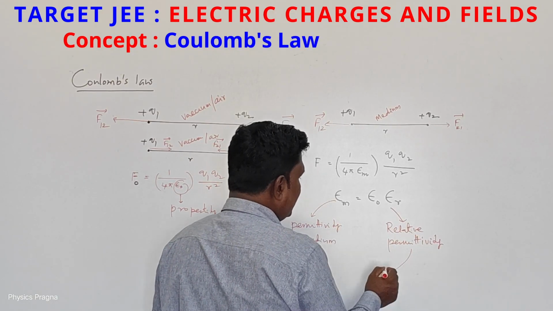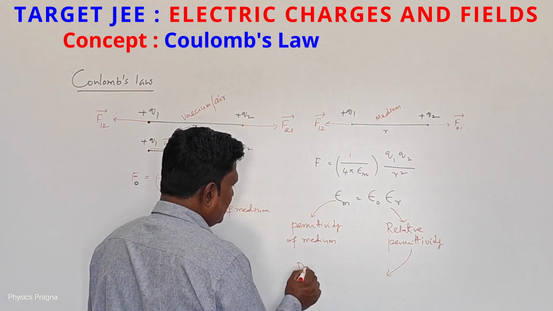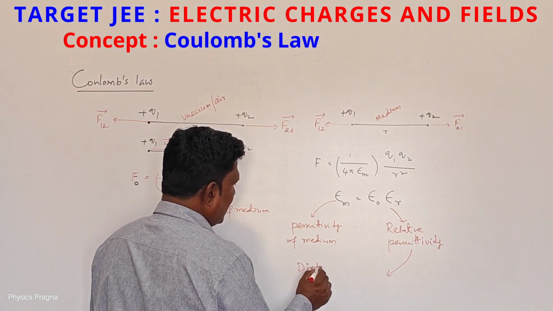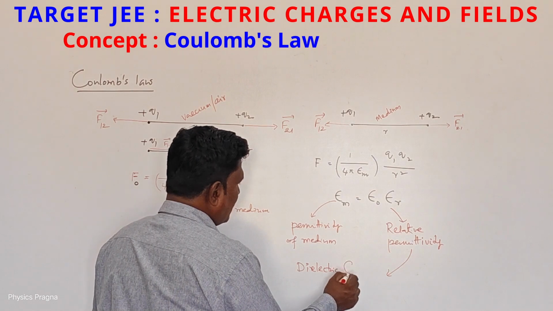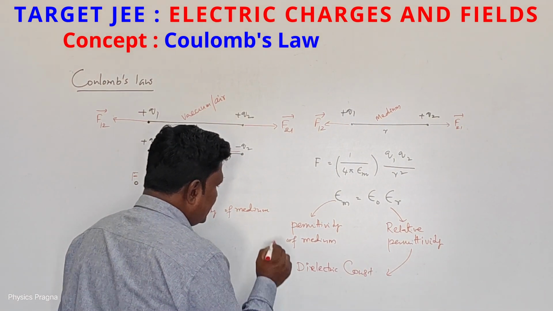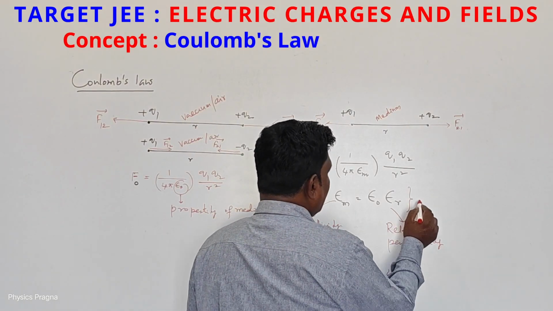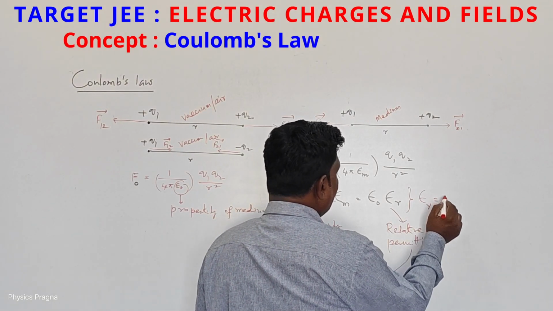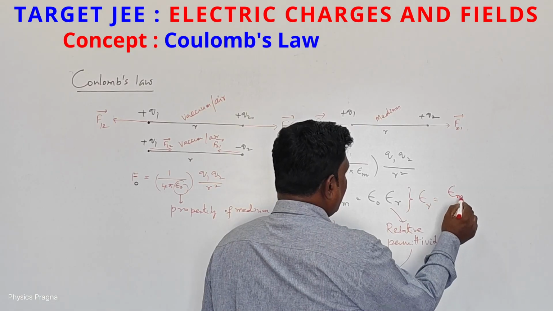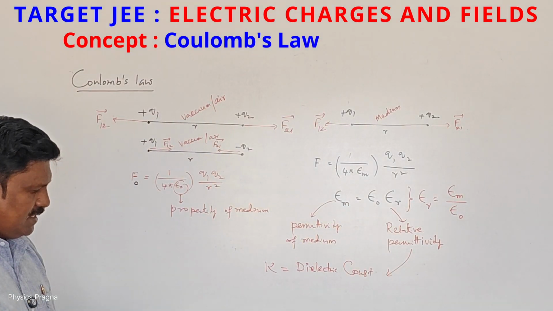This relative permittivity is also called the dielectric constant, and the symbol we use is K. From this formula we can also write relative permittivity is equal to permittivity of the medium by permittivity of free space.